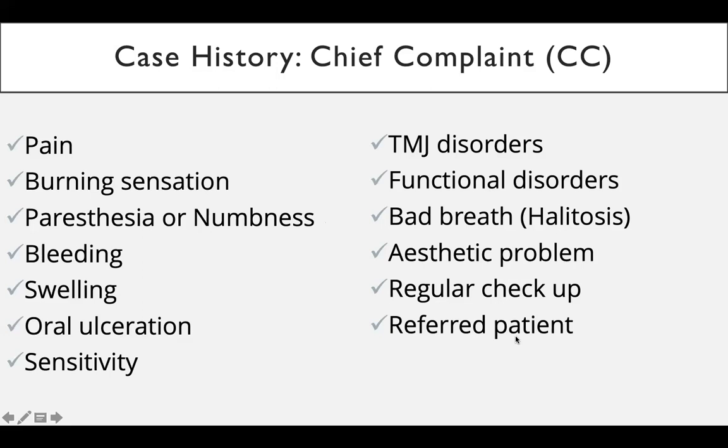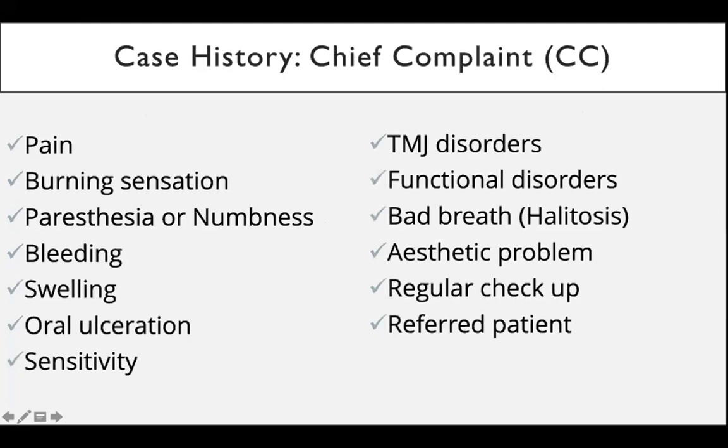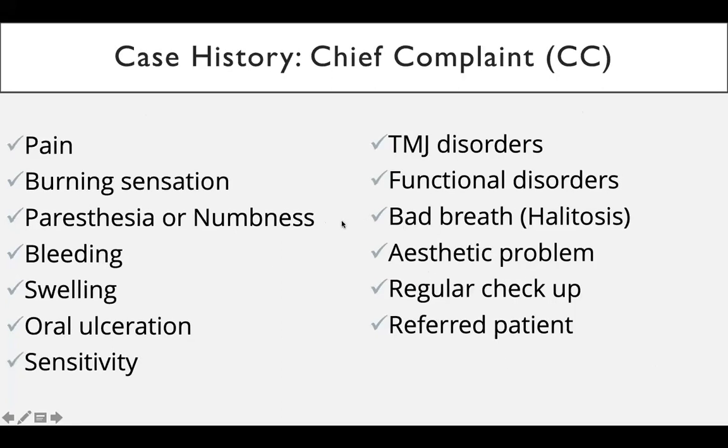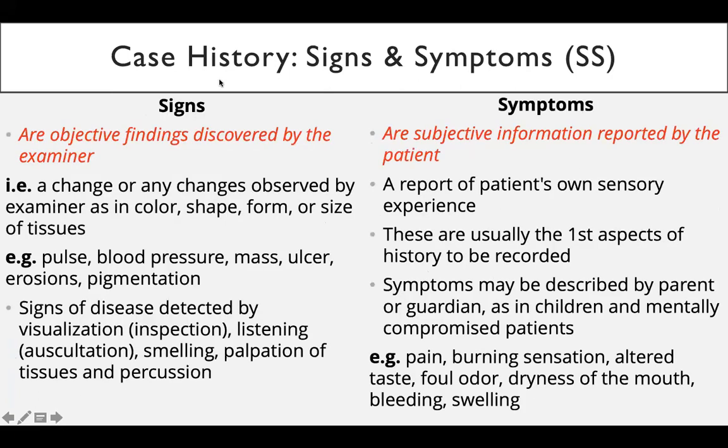And then there will be referred patients. Whenever there's a referred patient, you write in the chief complaint: regular checkup, referred patient from this department. You don't write this in the patient's personal data, you write it in the CC, because it's an important part that he is referred from that person or that department. And then you go for the signs and symptoms, which is an important part of chief complaint.